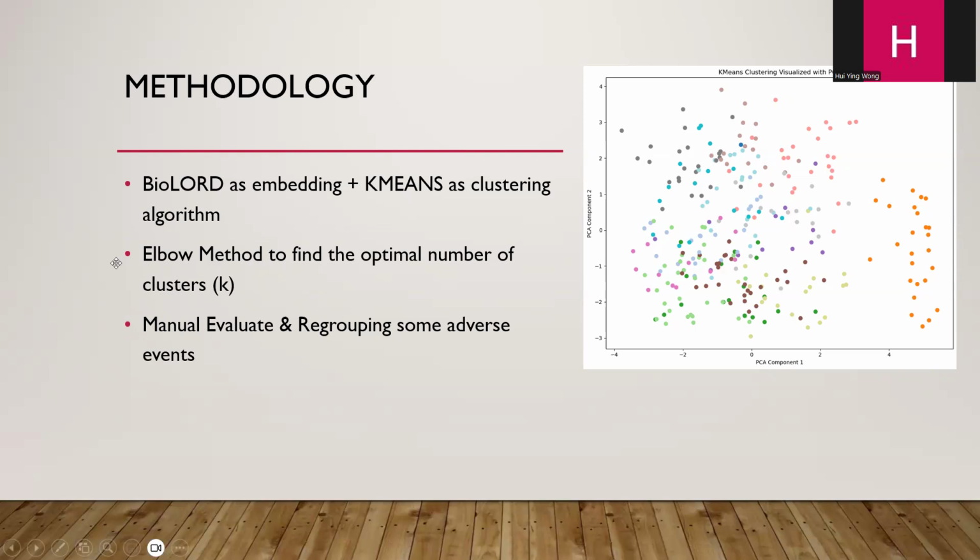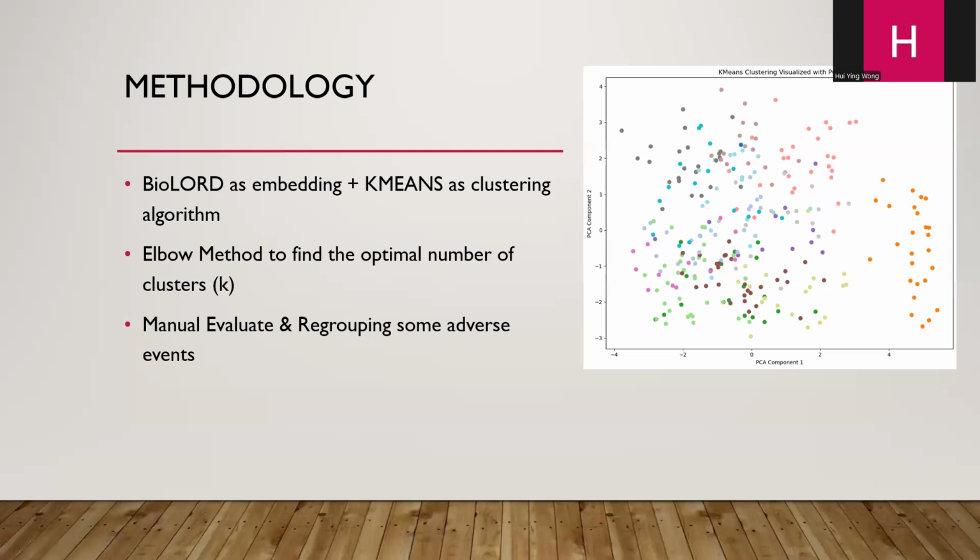So I will be using the elbow method that computes a score called within cluster sum of squares, which is a metric used to evaluate the compactness of the clusters in k-means, and pick the number with the lowest score, which is 20. So my k-means will divide all the adverse events into 20 groups.